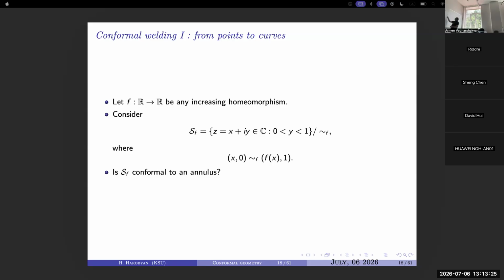So this is the real line, this is the line through i. So you want to identify this to that. And then the question is, is the resulting thing, which topologically is a tube or an annulus, conformal to an annulus? Okay, so that's one way to talk about what's called a welding.